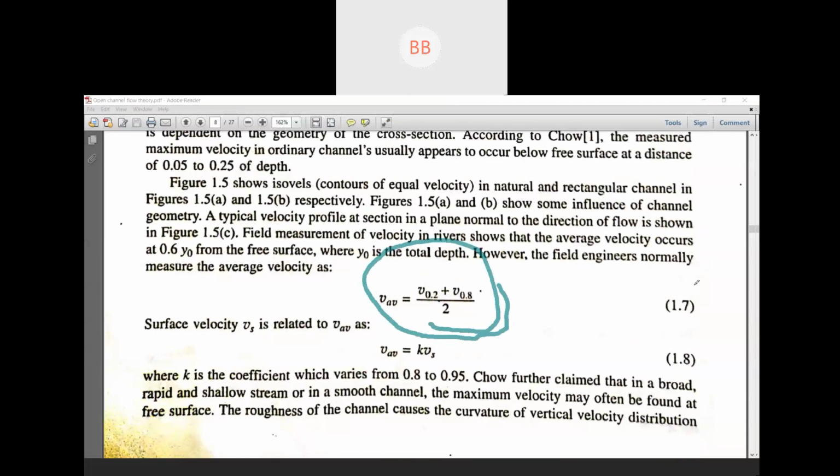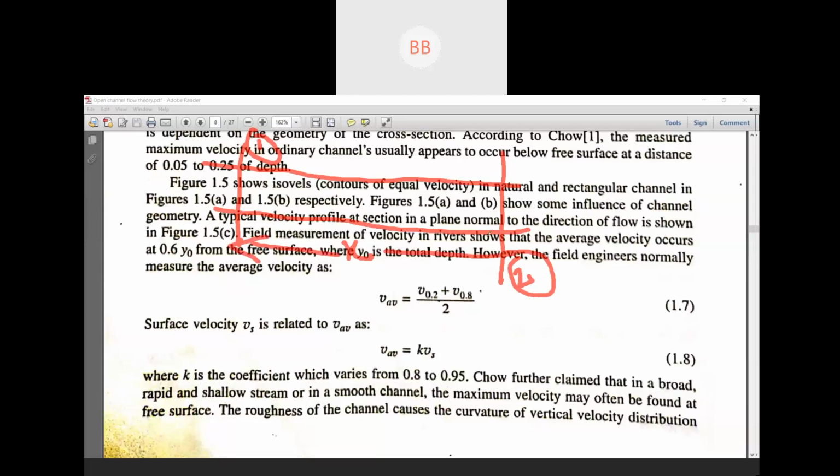So what we did, suppose this is a top view of the river. We consider one section, and then we consider another section. We measure the distance between the two.